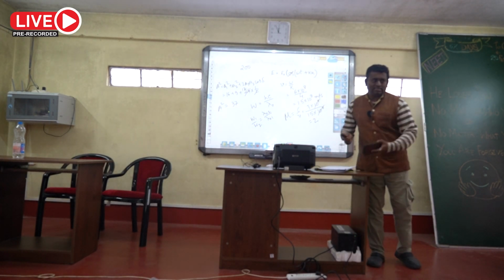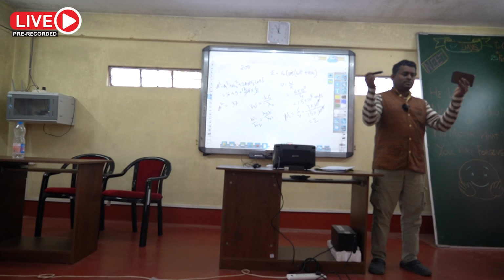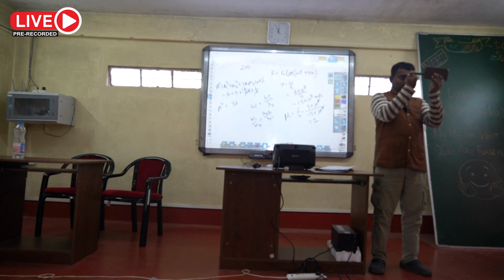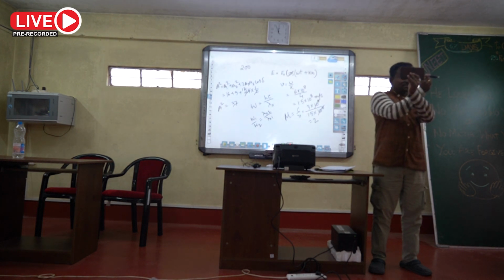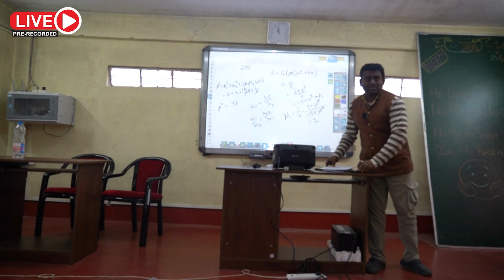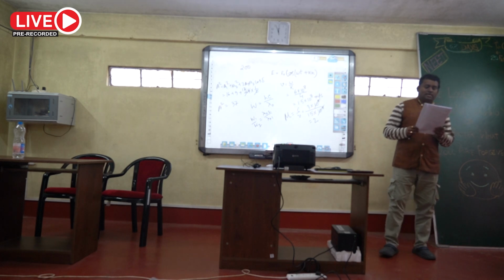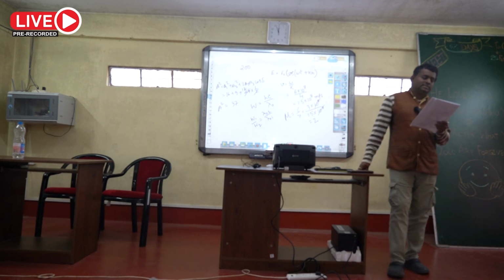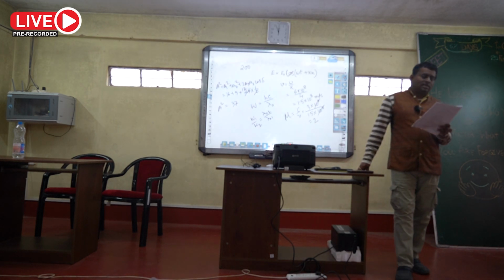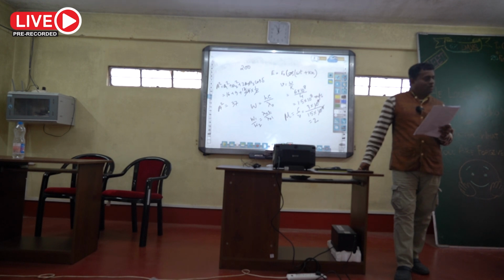Because the situation is like this. This is the complete crossing, meaning the entire length of both trains will be crossed. Since they are moving in the opposite direction, their relative velocity will be 54 plus 36, that is 90 km per hour.